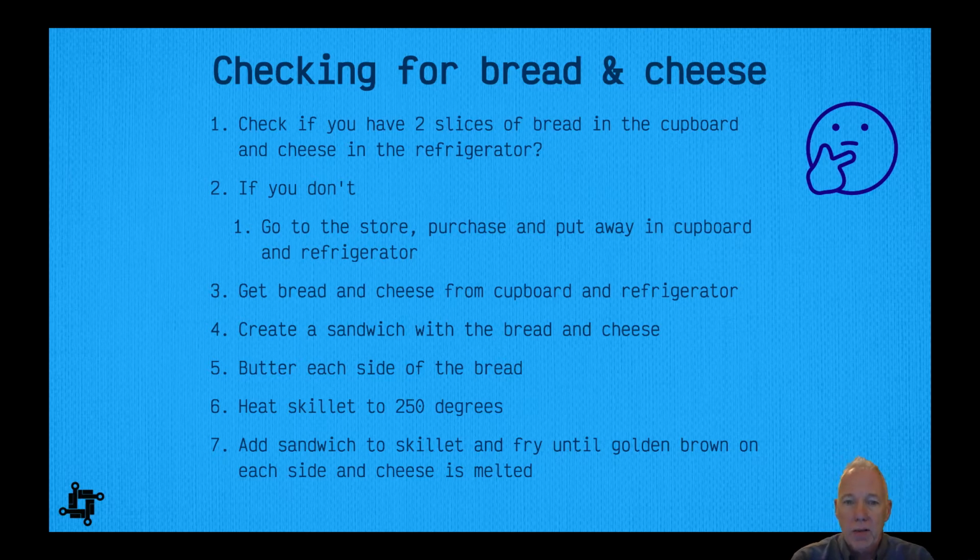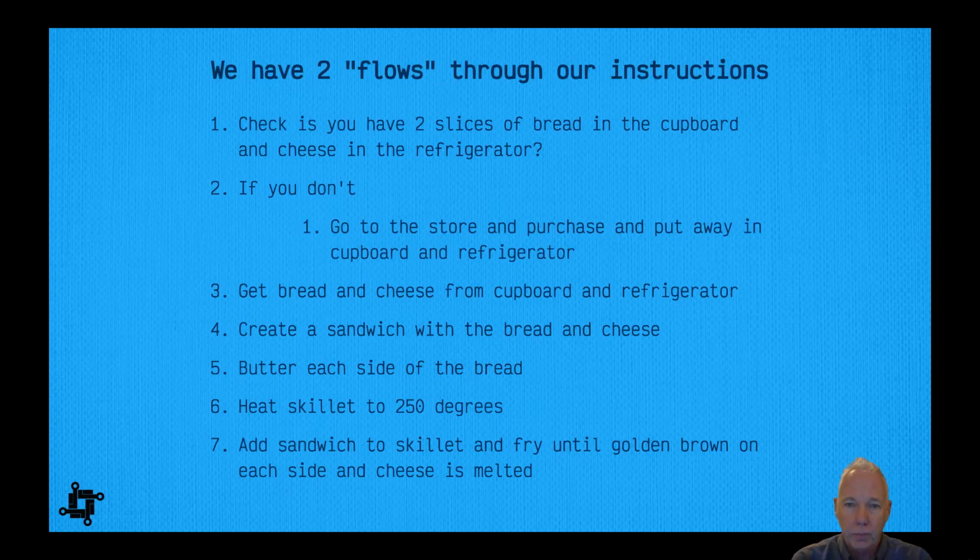So when we think about this, there are 2 flows through this. When we look at this in general, one flow is showing where we've gone right here from the first instruction all the way down, but we didn't take this path right here. And the reason we didn't take that path is why?